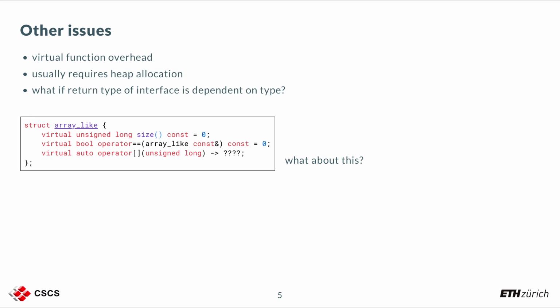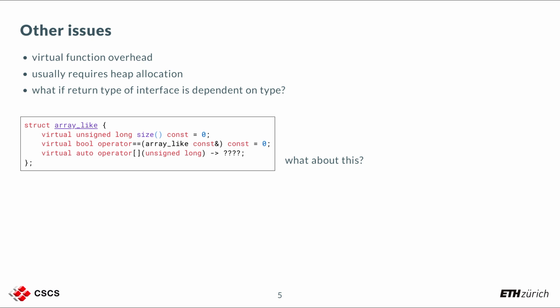And there's another problem. For example, here I have an interface that's supposed to express something like an array, and it has three things it wants to express. It has a size, which is fine, no problems with that. It has an operator equals, so comparison, which is also fine because when you inherit from array-like, it will get downcasted to whatever your derived type is, and this will compile as well.